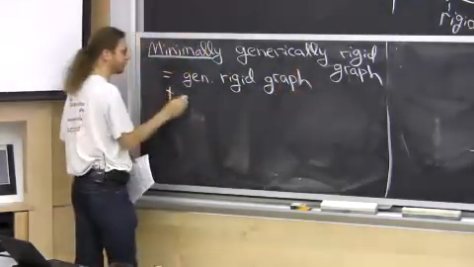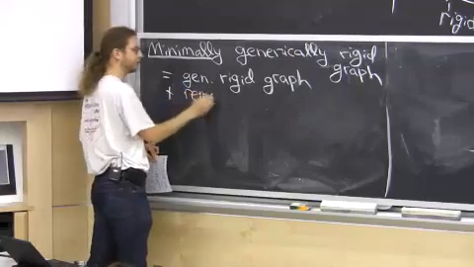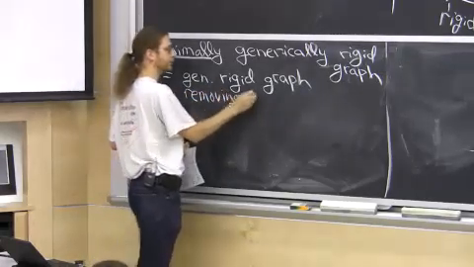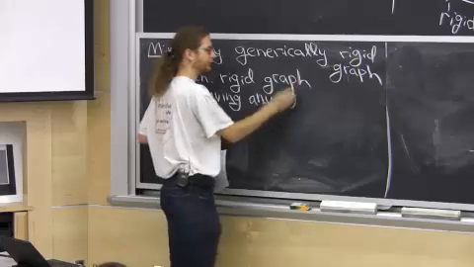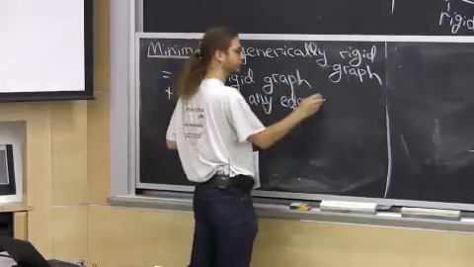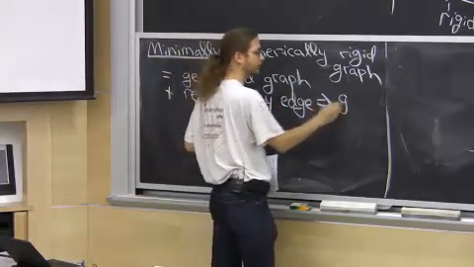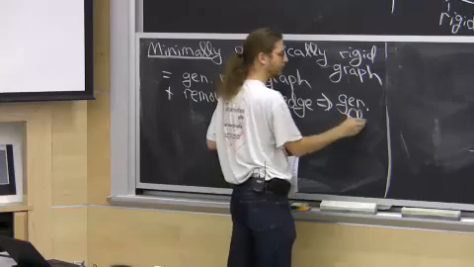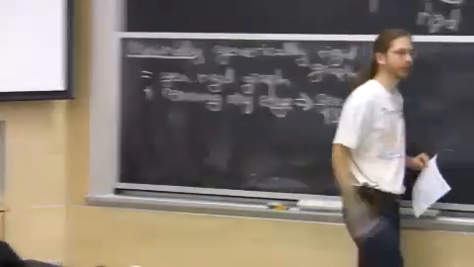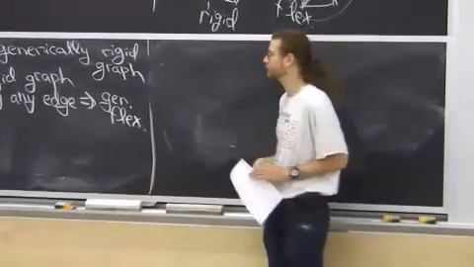And it also has the property that removing any edge makes the graph generically flexible. So it's minimal in the sense I can't get rid of any edges and still be generically rigid.